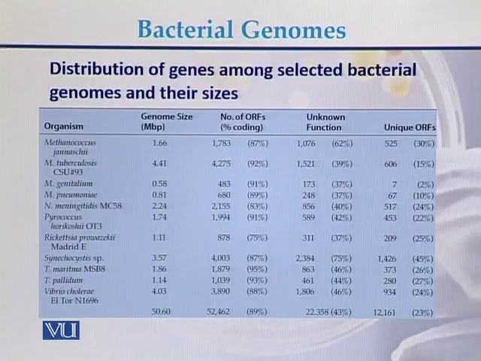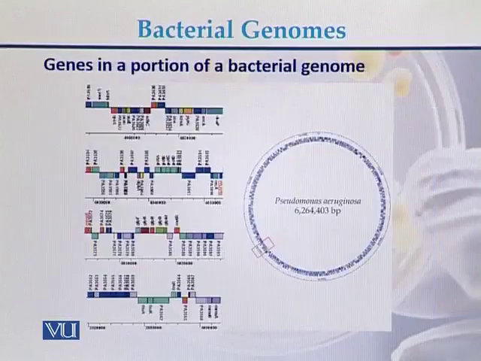So this is the second example where we have seen the size of the genomes, the number of genes, and the percentage of the genome which is coding for either RNA genes or polypeptide producing genes.